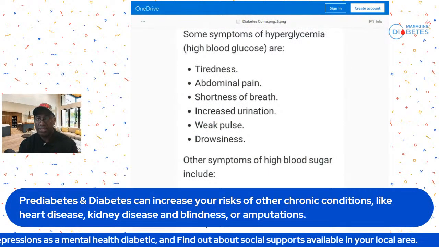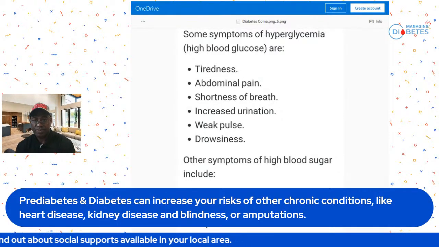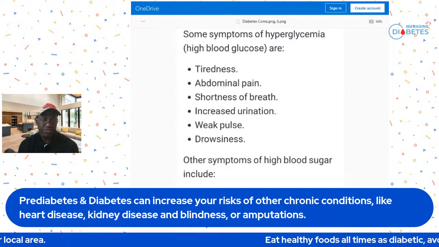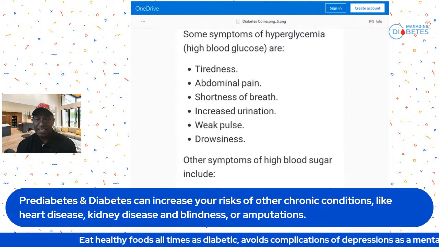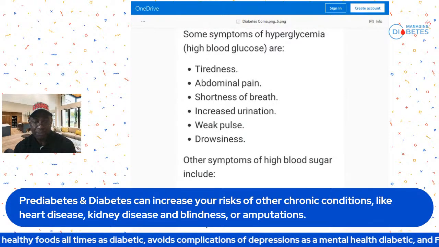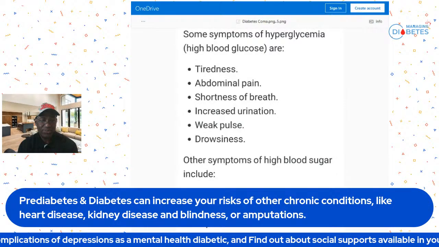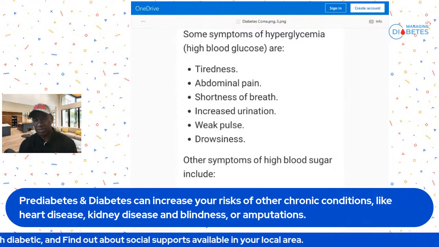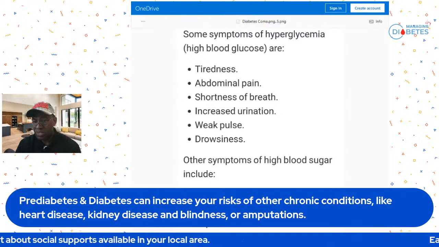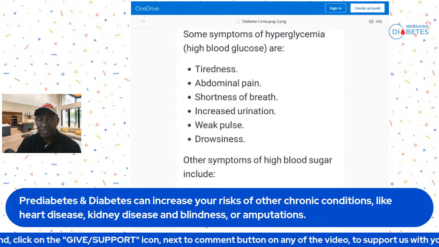Okay, so these are the symptoms of hyperglycemia. Remember, I told you guys, the medical word for high blood sugar is hyper, and the medical word for low blood sugar is hypo. So when you see hyperglycemia anywhere, you know we're talking about high blood sugar.